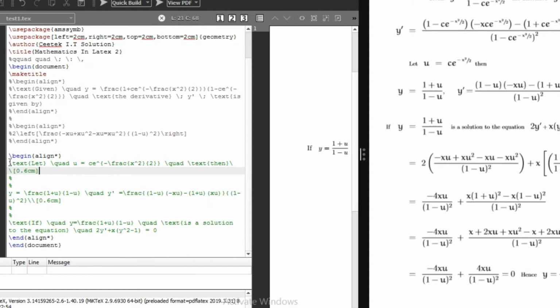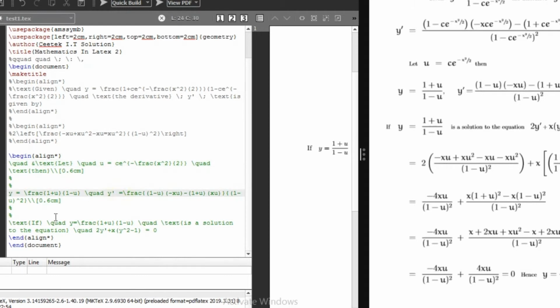What I do is I first give some space, so quad, and then I use the ampersand sign. When you use the ampersand sign in the align environment, you are telling LaTeX to align it to other expressions too. Okay, so let's use that and see how this will be formatted.